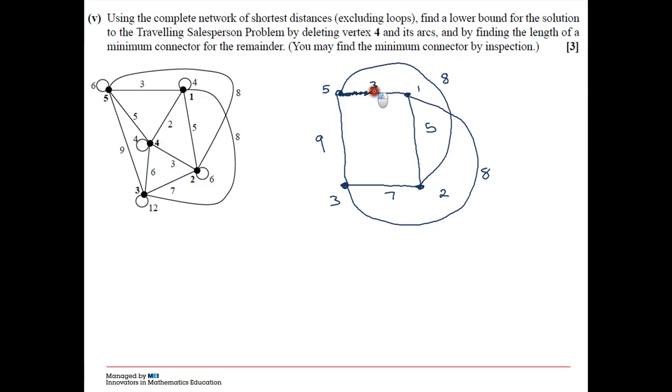I suppose I'm probably doing it using Kruskal's, in the sense that I'm going to go from 5 to 1 because that's 3, and then the next shortest edge is 5, and the next shortest edge is 7, and that gets me a minimum connector. So my minimum connector is 5 to 1, 1 to 2, and 2 to 3.